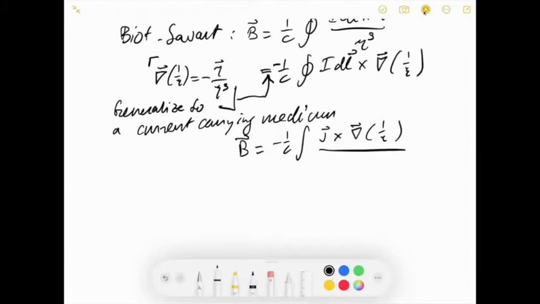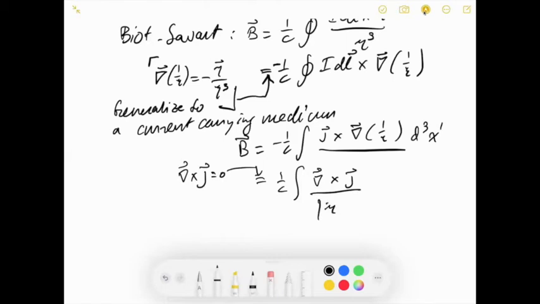Then we're actually allowed to take the nabla operator out, because if you work this out, the curl of J is 0, so that means we can pull this out, and then we get 1 over c, and this is a d3x', and now we have the curl of J over R, and again, I'm missing a term here. I will fix that in a little bit.